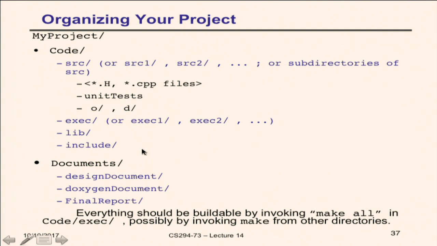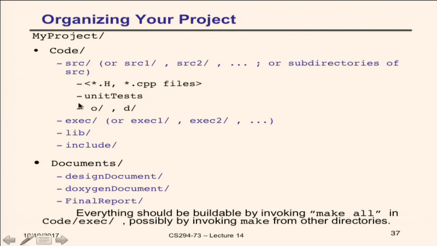Under code, here are the kinds of things that we have. Source, which you've already seen, or multiple source directories, or subdirectories of source. So we've done the first pattern and the third pattern. Those contain your .h and .cpp files and your unit tests.